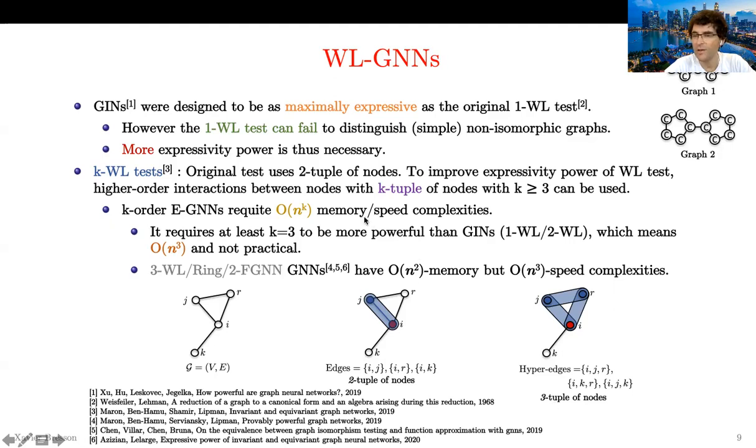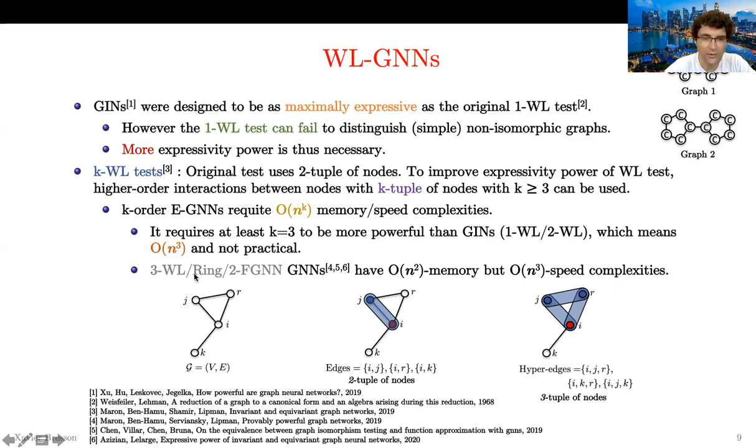When you do that, you are going to increase the memory and the speed complexities. And the thing is, we need at least k equal to 3 to be theoretically more powerful than message passing GNNs, which makes these GNNs less practical.